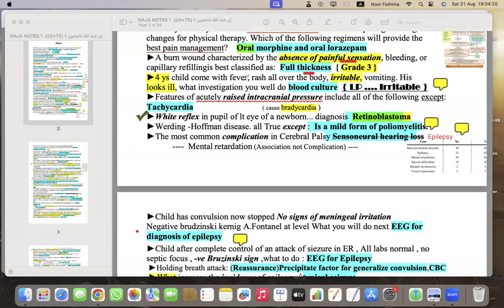A 4 years old child comes with fever and rash all over body, and he is irritable, vomiting, and he looks ill.